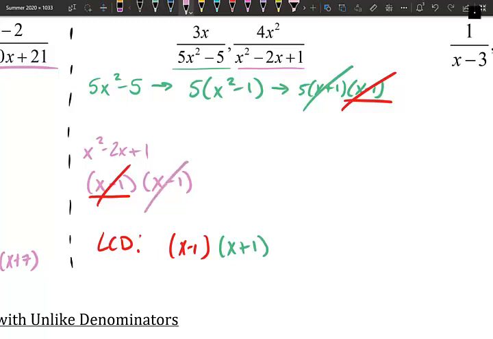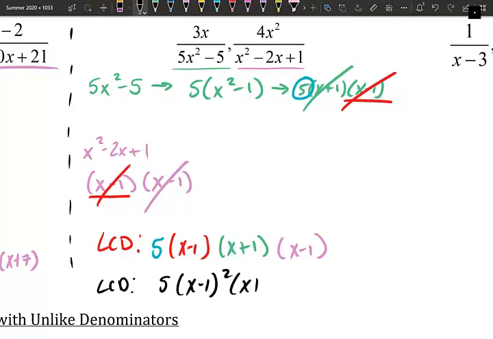Another x minus 1. And I don't know if you see it, but do you see this 5? We also have to include the 5. So our LCD would be 5 times x minus 1 squared times x plus 1. It's squared because we have 2 of them.